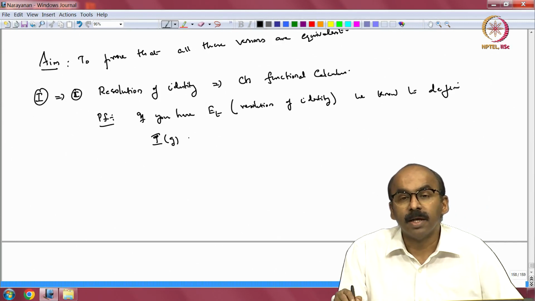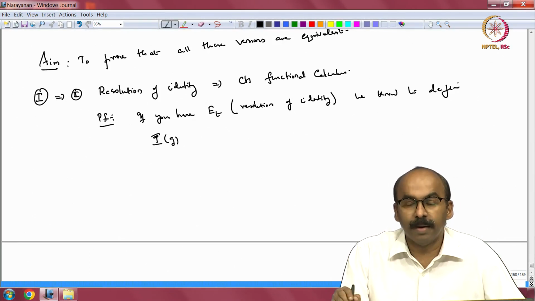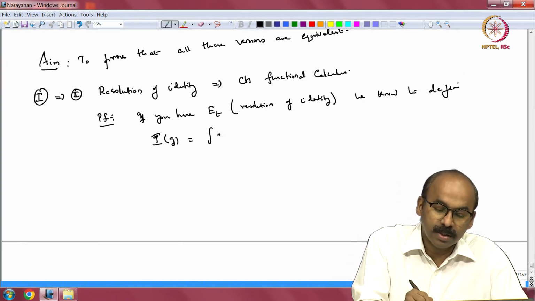Remember we defined phi n g, which was a Riemann sum, and then we proved that it converges to some operator which we denoted by phi of g, or the integral of g against dE t.